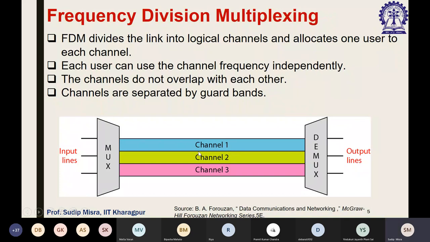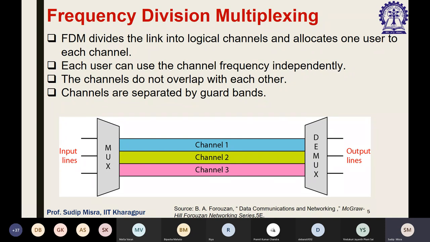This guard band is kind of like a no man's land. Neither does it belong to country 1 nor to country 2. It separates channel 1 and channel 2. Likewise, channel 2 and channel 3 should also be separated through guard bands. This is how the logical separation of the channels is done.